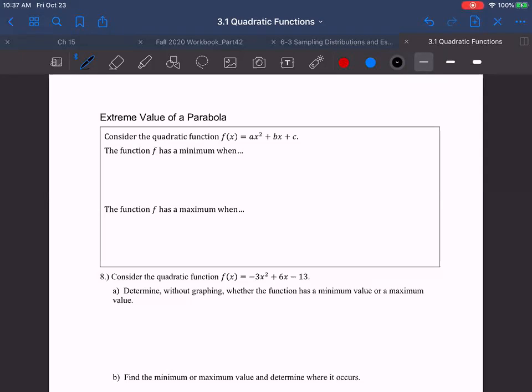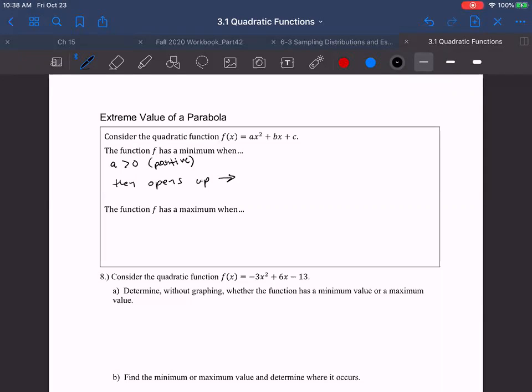Essentially, whenever A is a positive number, we're going to end up with a minimum. So when A is greater than 0, it's positive, then our function opens up.